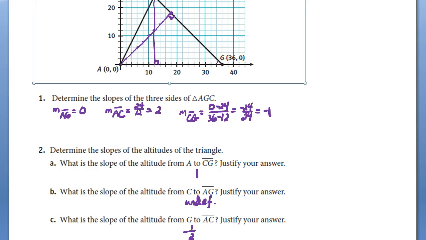And so let's measure off that slope. From G, we can go up 1, left 2, up 1, left 2, and here, and here. And so it looks like this line is coming like this. And again, it touches this side of the triangle at a 90-degree angle box.